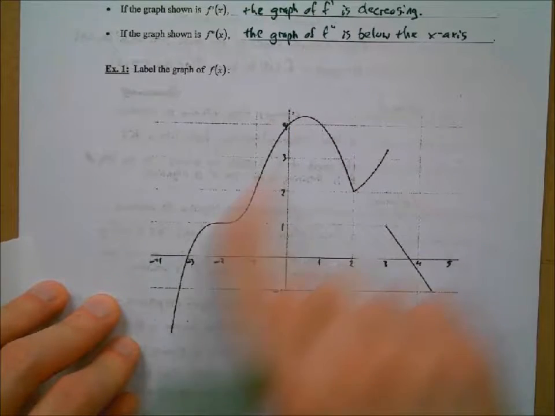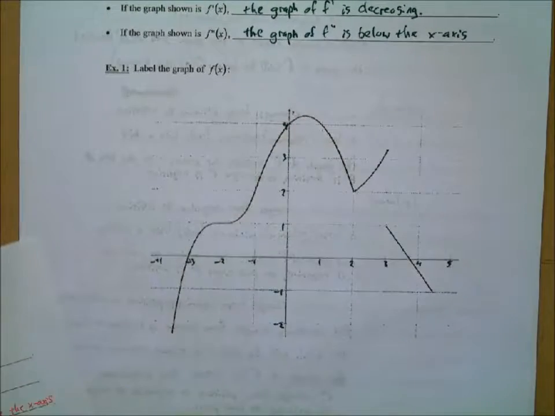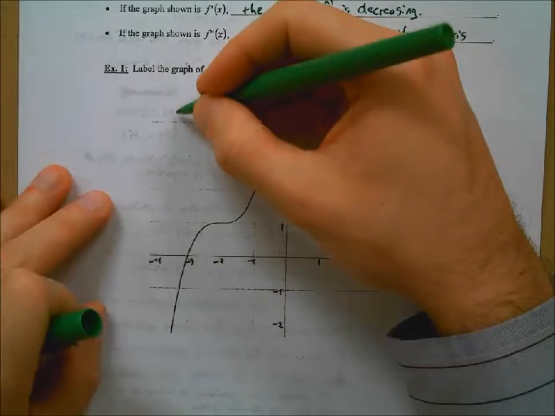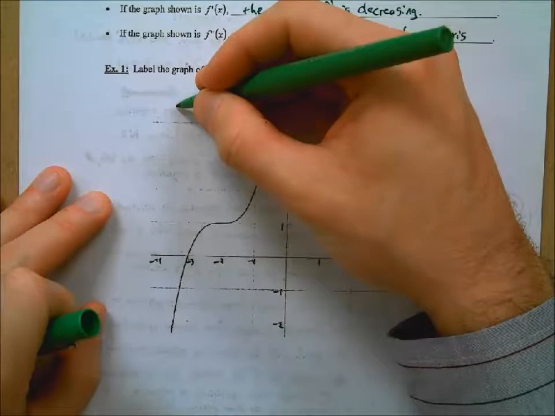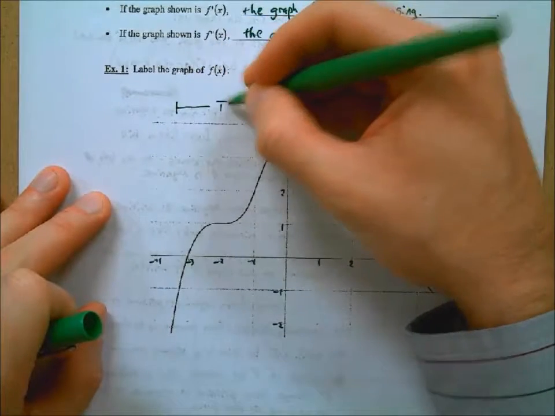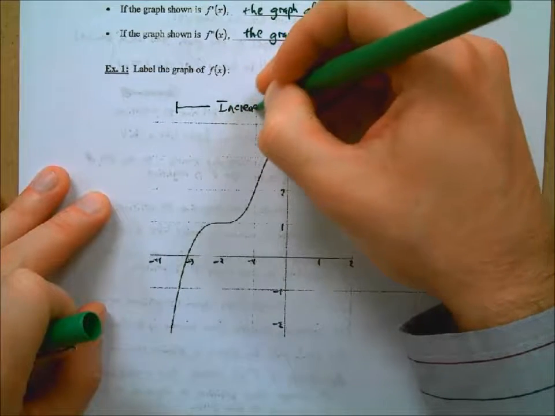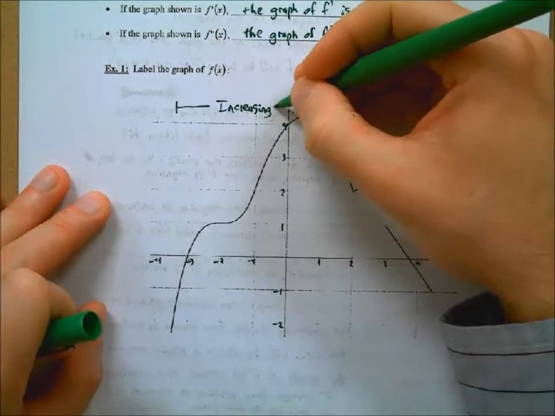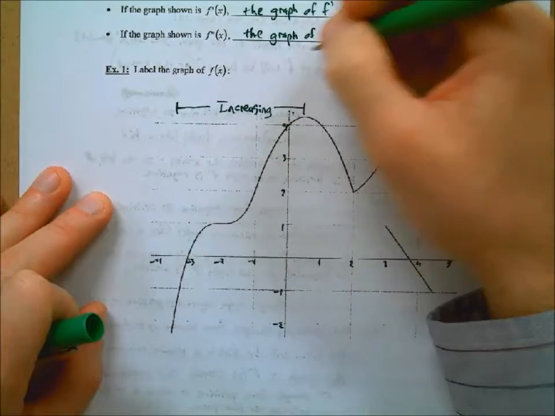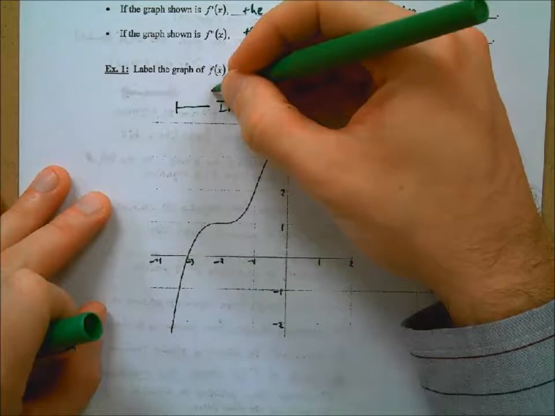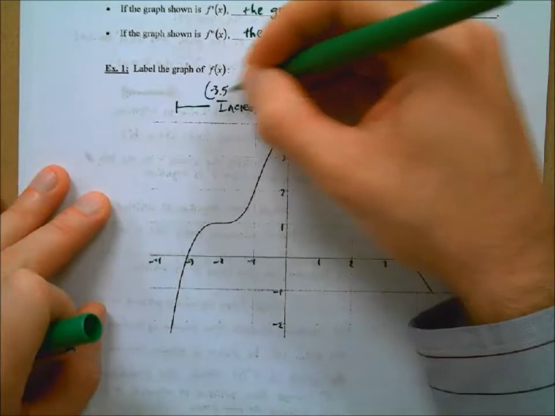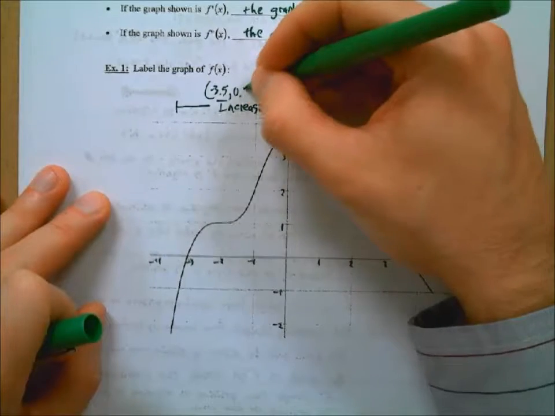It's increasing throughout there. I'm going to do this in a bit of a weird way and just visualize this. If you want, you can put the interval there, -3.5, comma 0.5.